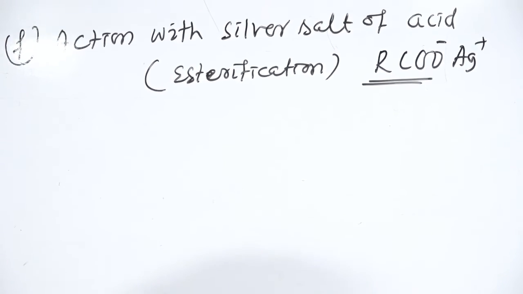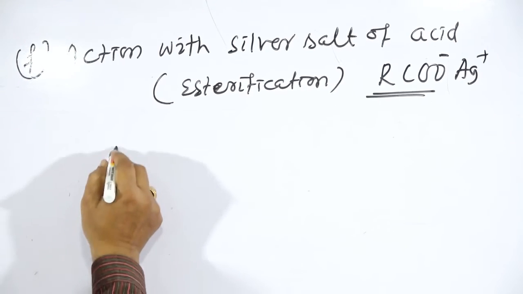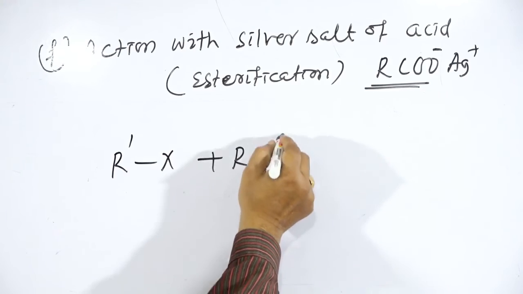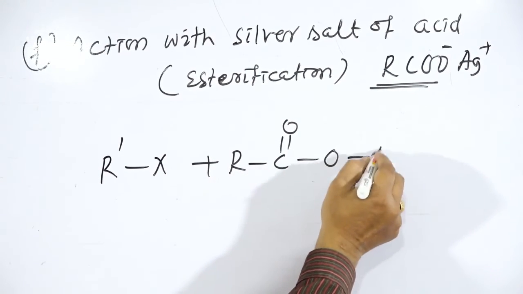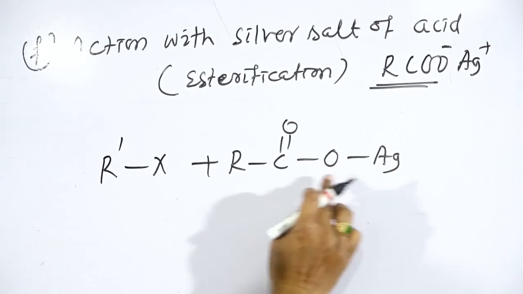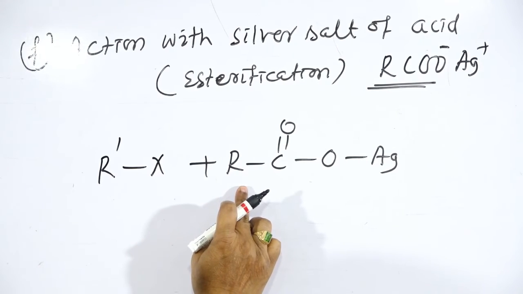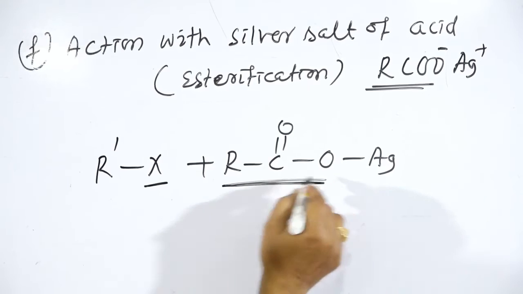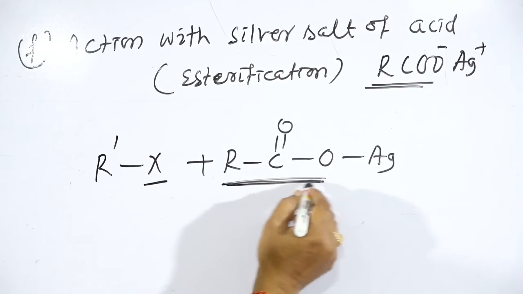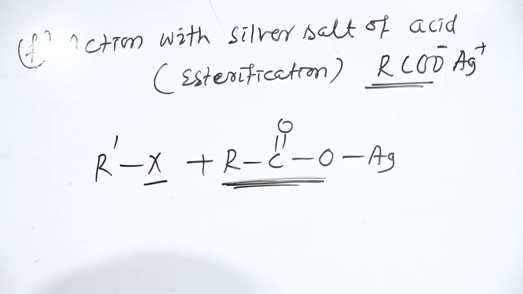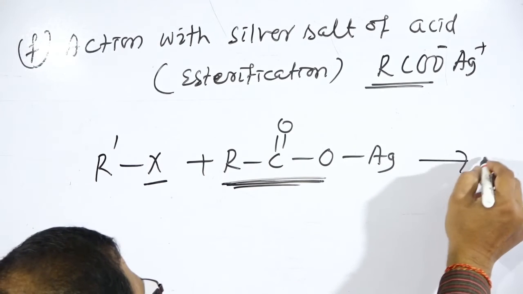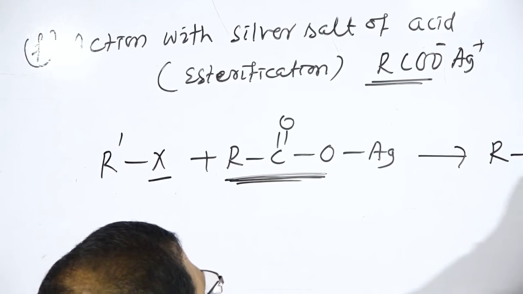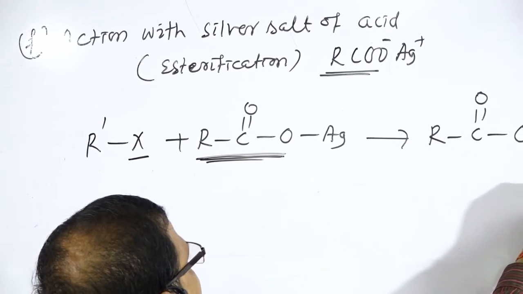Alkyl halide, for example R'X plus RCOOAg, that is the formula for the silver salt of the acid. In this case, the X part will get replaced by RCOO-, so there is the formation of the product RCOOR' plus AgX.